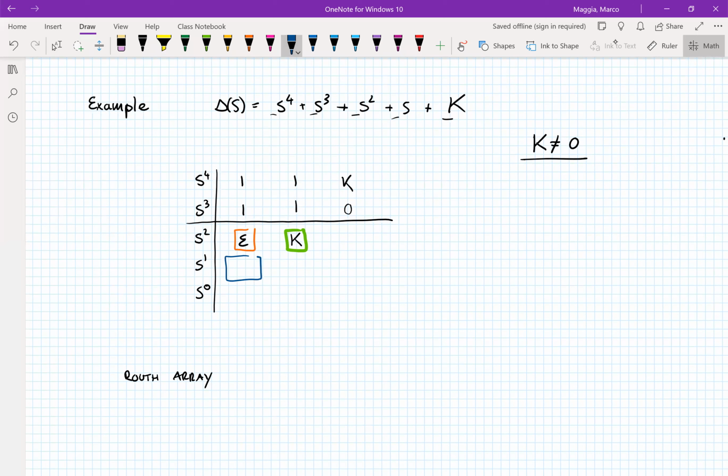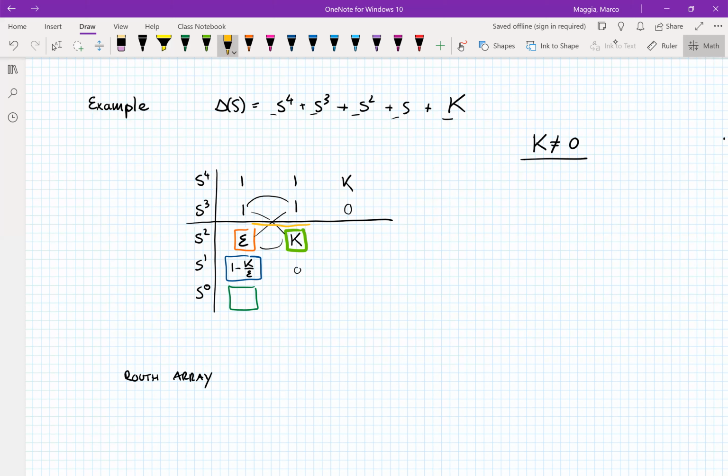Here we have epsilon times 1 minus 1 times k divided by epsilon, or 1 minus k over epsilon. And then here we have 0. And then finally, the last entry of the Routh array.